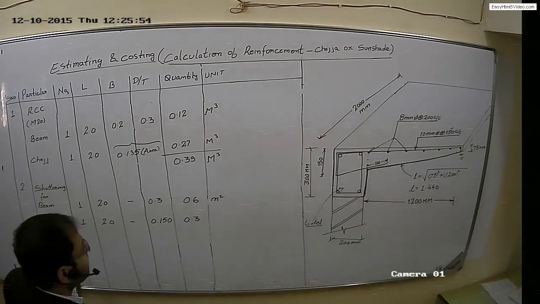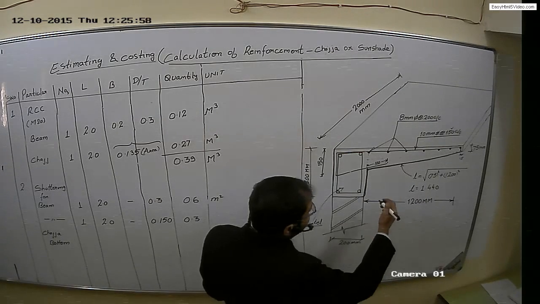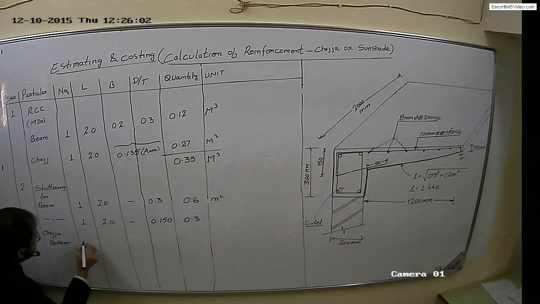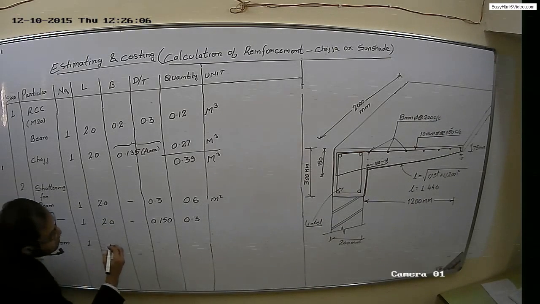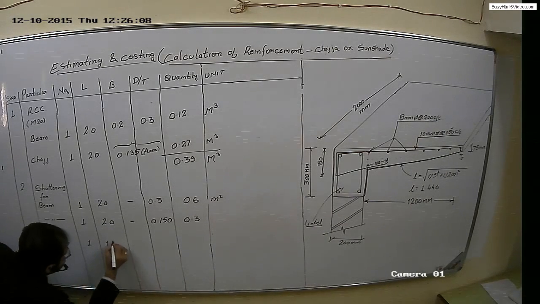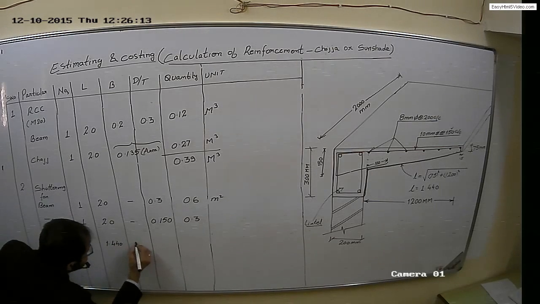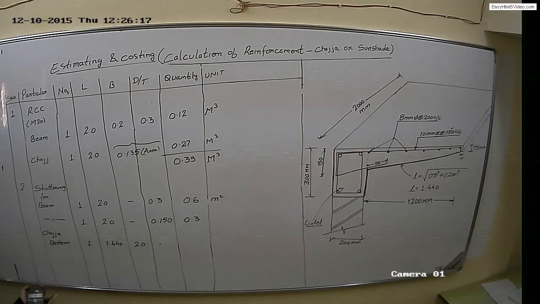So this time the shuttering of the bottom can be calculated as 1.440 into 2 meter. See, there is one bottom, the length will be 1.440 and width will be 2.0. You will get the shuttering of this bottom portion.